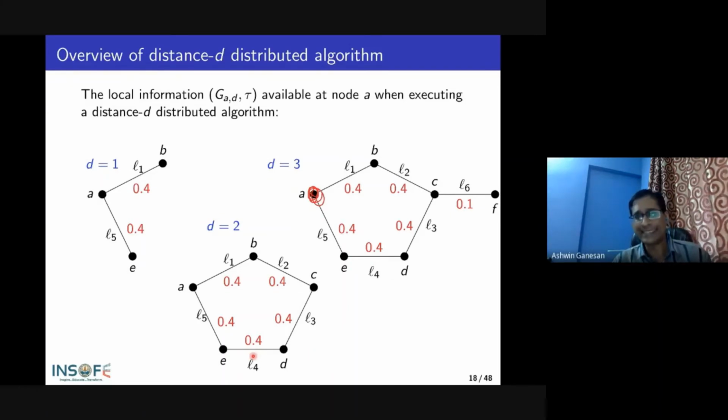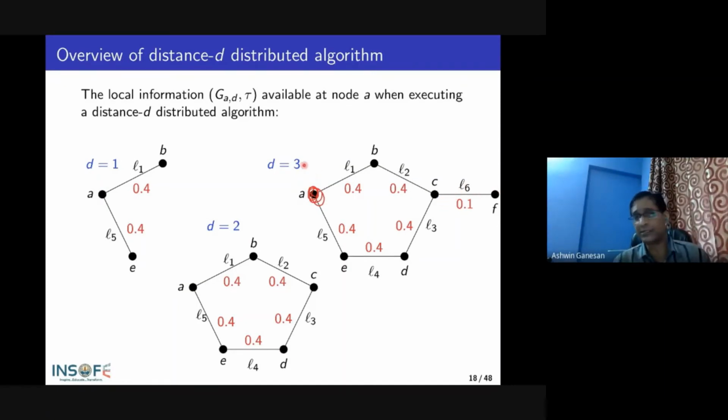Now, a distance 1 distributed algorithm executed at node A has to make decisions only based on this much information. It has the subgraph, it has the demands of all those links in that subgraph, and based on that, it needs to make a decision. A distance 2 distributed algorithm executed at node A has to make a decision based on only this much information. It would not know about this link L6.